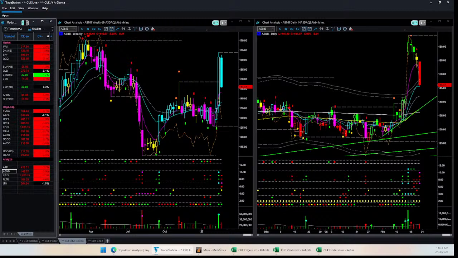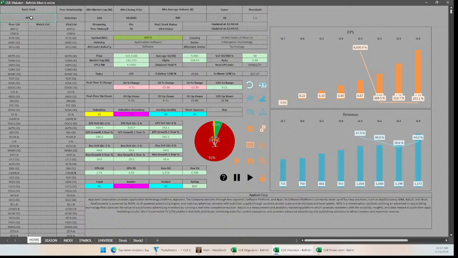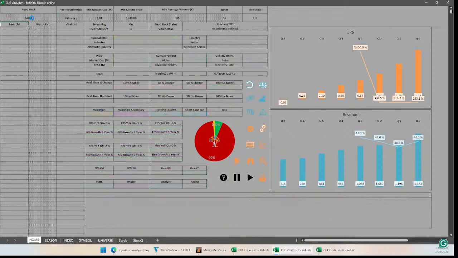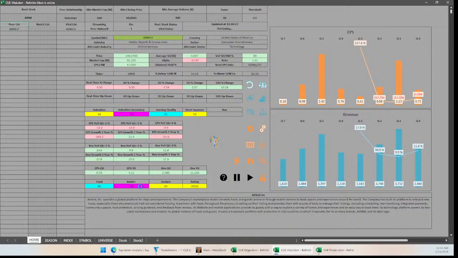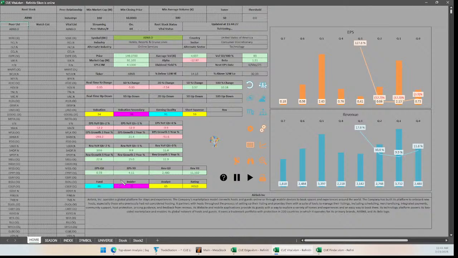Airbnb. Last week I showed this also had insider selling. Let's see. Insider selling, and here the earnings growth was negative.